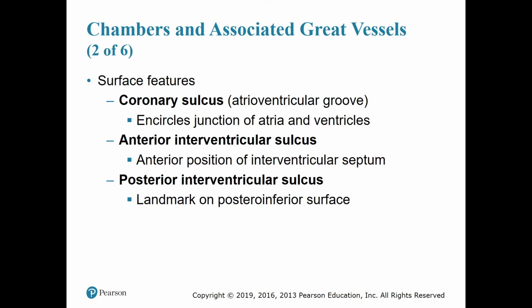Surface features: the coronary sulcus, also the atrioventricular groove, encircles the junction of the atria and the ventricles. The anterior interventricular sulcus is the anterior position of the interventricular septum, and the posterior interventricular sulcus, which is found in the back of the heart, is a landmark on the posterior inferior surface.